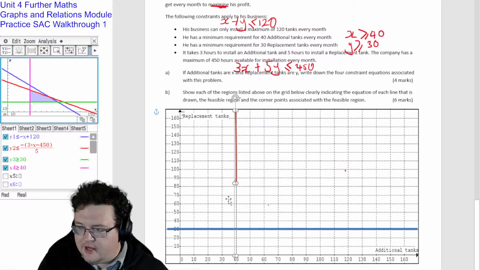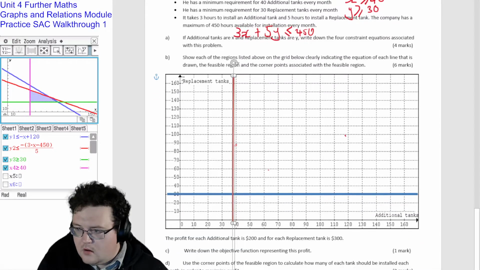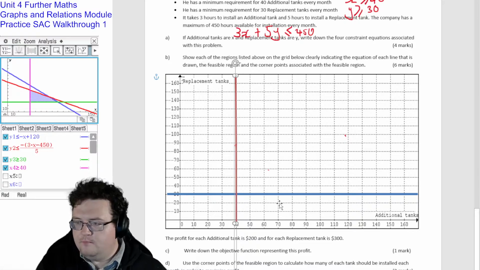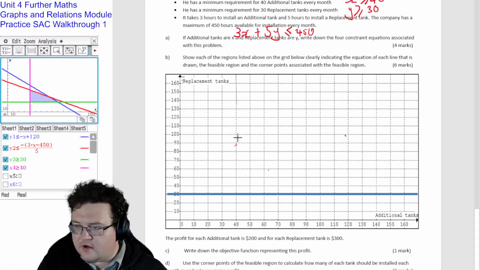We want to make sure our line is appropriately sized. Need to redraw that actually, because I think it tried to draw me a curved line, which I don't want. I want a straight line. That's better.